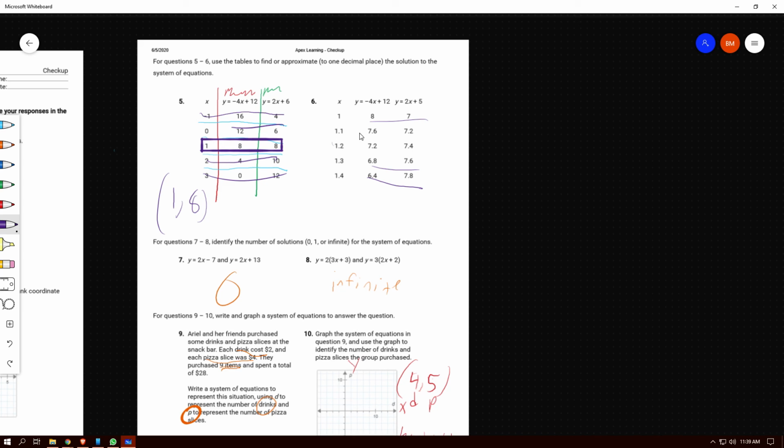So I'm going to estimate, because this right here is my closest, that my answer is 1.2 and 7.3 right there in the middle. I'm going to kind of average it out, 7.2 and 7.4. I'm going to put 7.3 right there in the middle. All right, so we're looking for this. Where is it closest together or the exact same, and we're estimating.